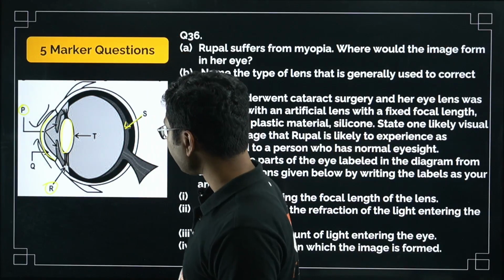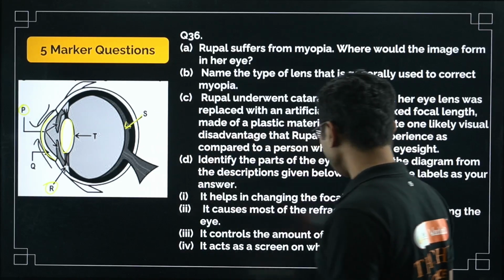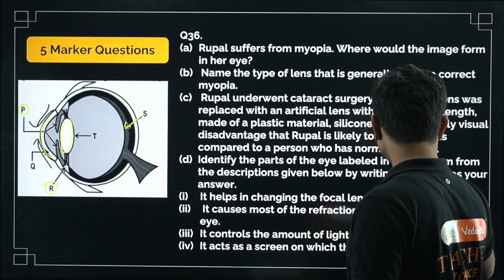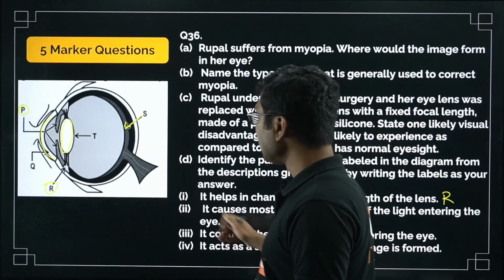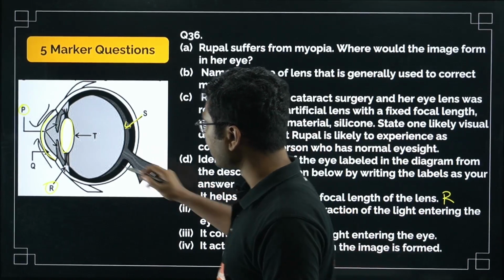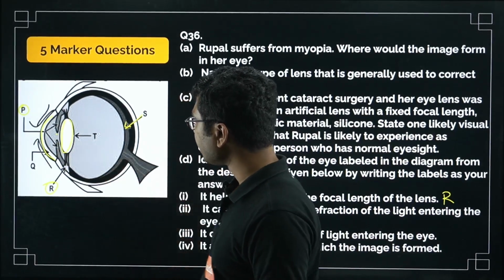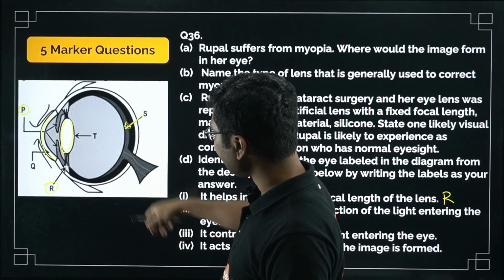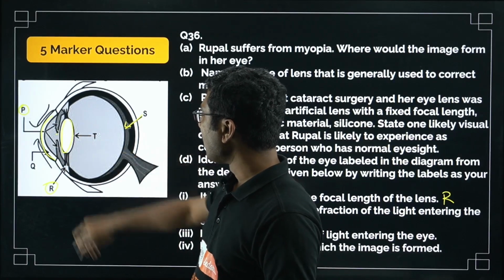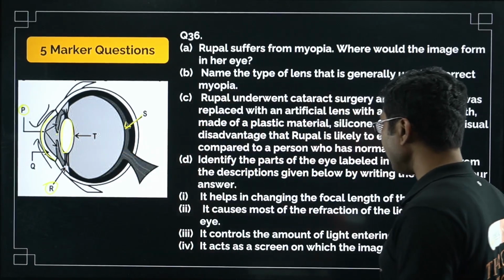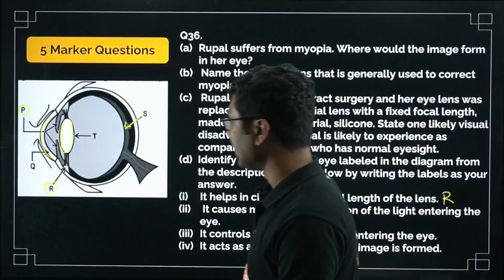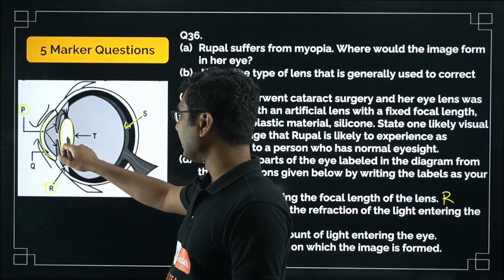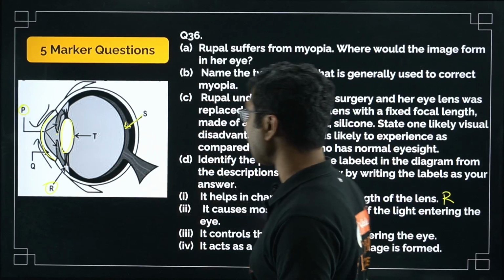I made one mistake. R is the ciliary muscle. It causes most of the refraction of light entering the eye. They have somehow mentioned that this one is responsible for refraction. I think this is incorrect. This is not responsible for refraction. It controls the amount of light that is entering, so that is the main thing. The part which is refracting is the eye lens.